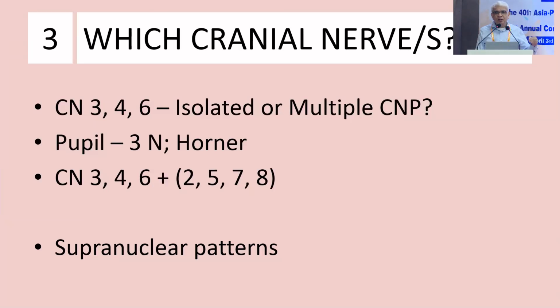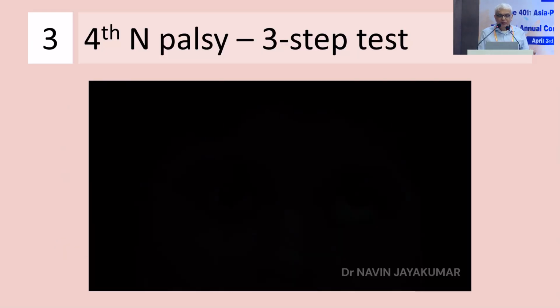The other cranial nerves apart from 3, 4 and 6, which could be the optic nerve, the 5th, the 7th and the 8th. So this entire constellation from 2 to 8 will also help us with the diagnosis. And of course, please remember there are supranuclear patterns which one can also pick up.